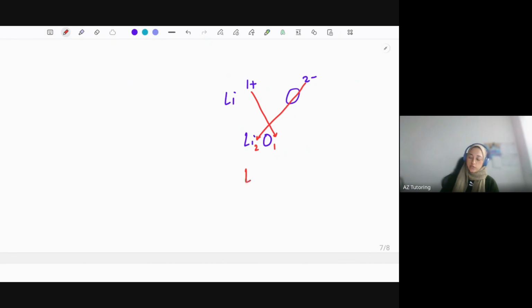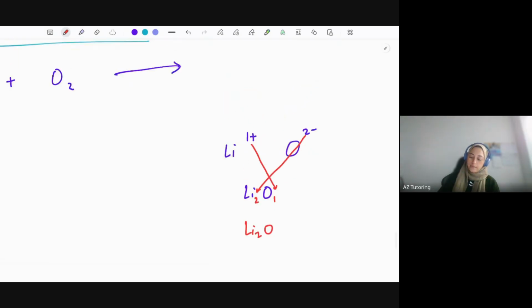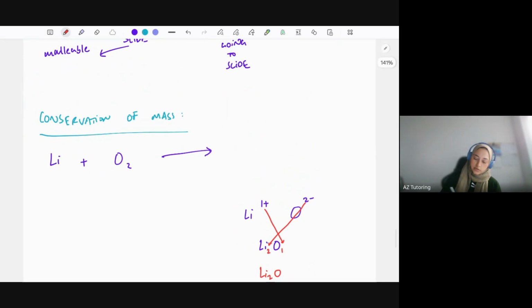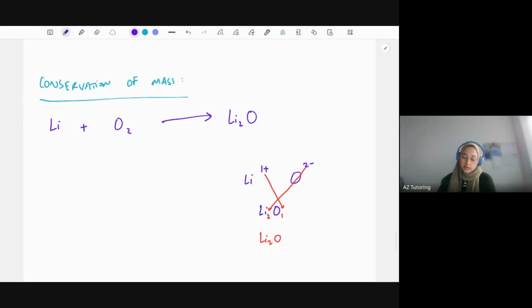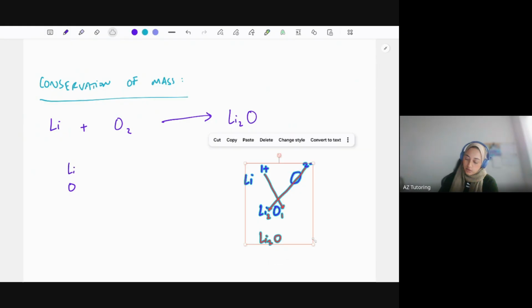We don't need that 1, so we just write Li2O. So that's what the reaction becomes. So that's how we do it with ionically bonded substances. We cross them over. That's not balanced because if I list what we've got on each side, we've got lithium and oxygen. Let me move this somewhere.